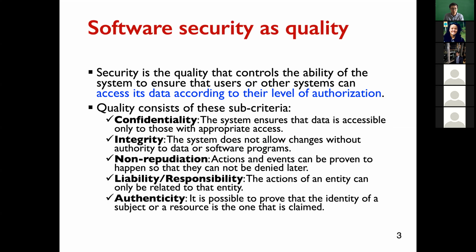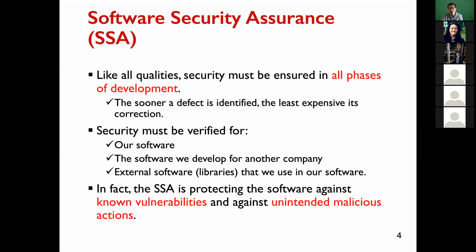For software security, we have a set of sub-criteria, including confidentiality, integrity, and others. And in order to ensure software security, we have SSA, which is software security assurance.